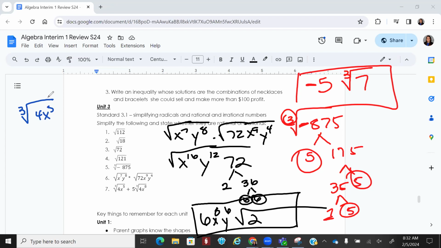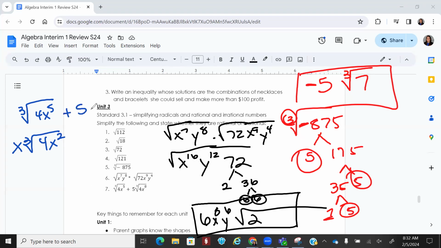So looking at this only, we can't break down this 4 because it won't give us a group of 3, right? We're just going to leave that guy alone. But we've got these x's. How many x's can we pull out? 1 group with how many left over? 2. Okay, on this next one over here, we can break this one down.